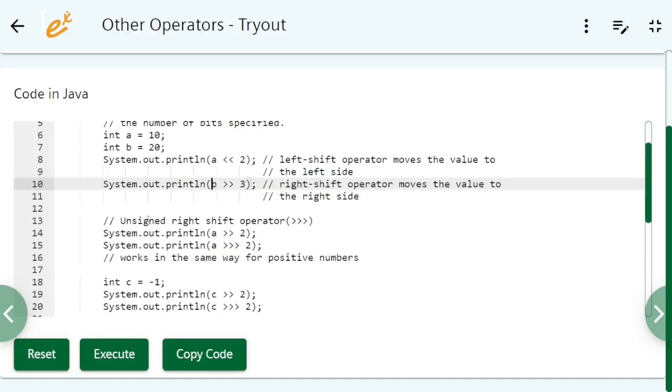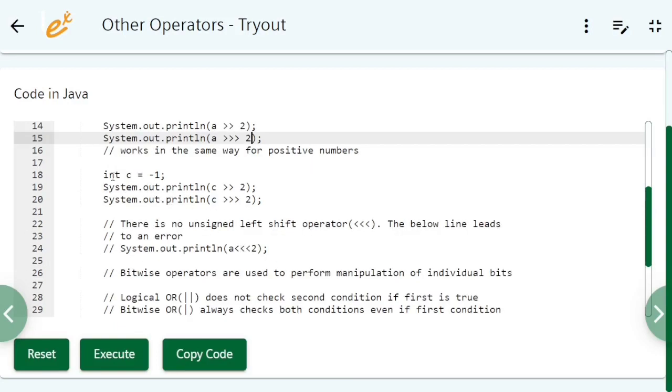Then we are doing something. See, we are using the unsigned right shift operator as well. So again, we are right shifting A by 2. Then we are doing unsigned right shift on A by 2. Then we have another variable declared here. And now we are again right shifting C by 2, then unsigned right shifting by 2, so that you can understand this right shift is signed right shift and this right shift is unsigned right shift.